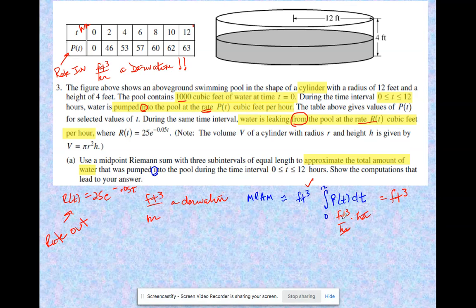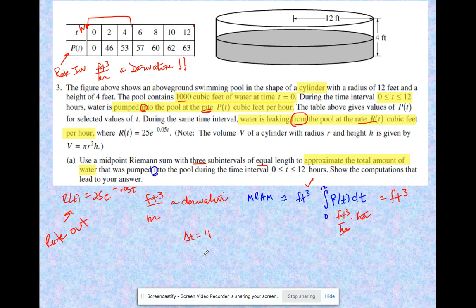Now, I don't have a function to integrate. They're asking me to approximate it with a midpoint Riemann sum, MRAM. So they want 3 subintervals of equal length. Hopefully you can see that delta t is 4.